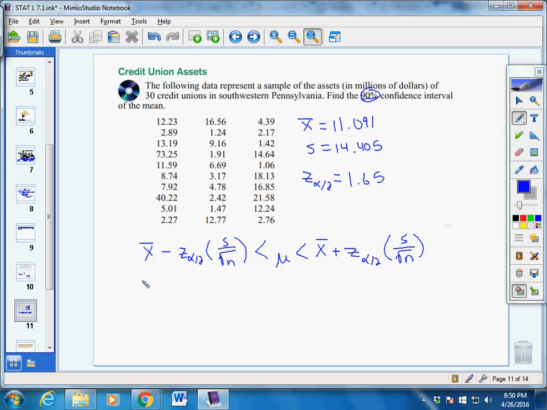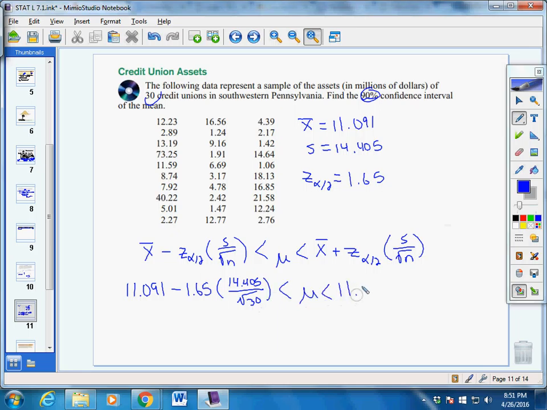So if you plug your numbers in, I'm using the numbers I found. I do need the square root of n. n is going to be 30, because that's how many are in our sample.